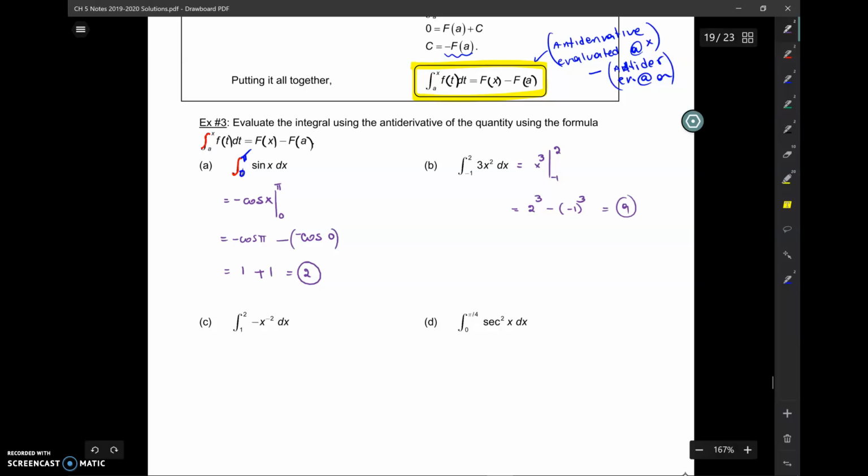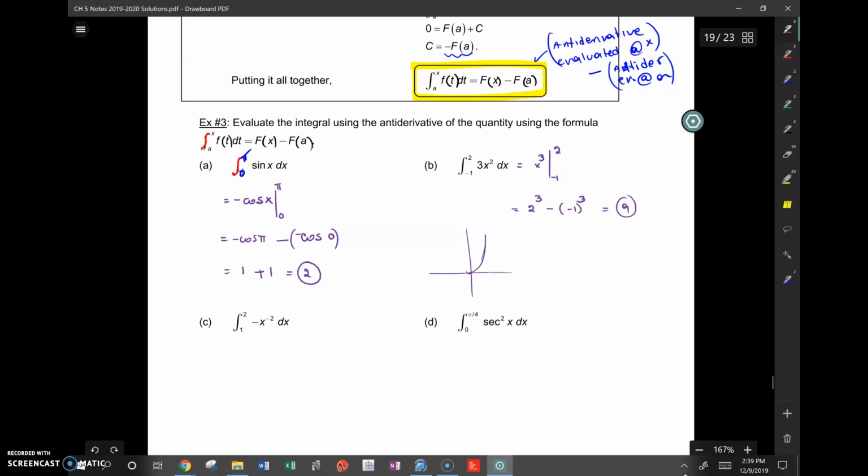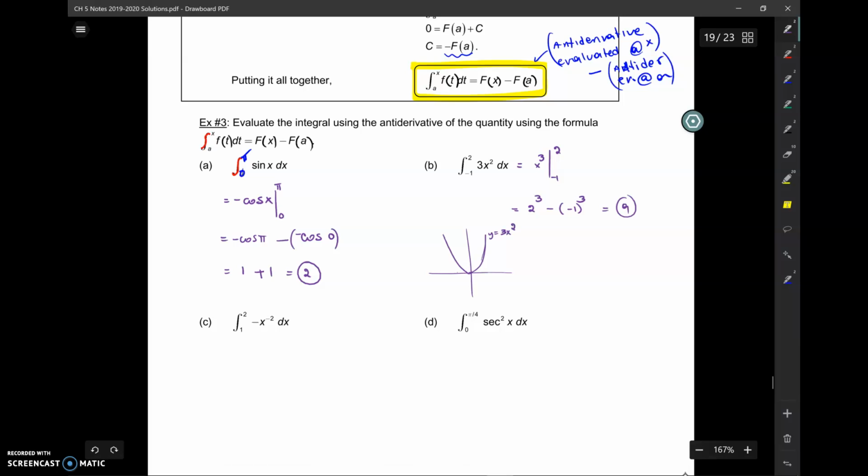Let's take account of what we have found. This is 3x squared, so it looks like this, right? We want the integral from negative 1 to 2. So basically, it's this area that we want.